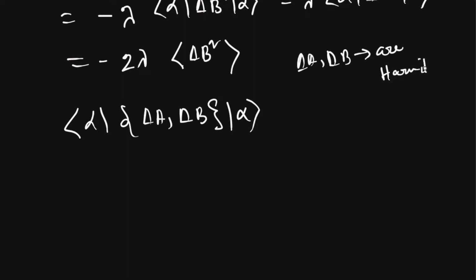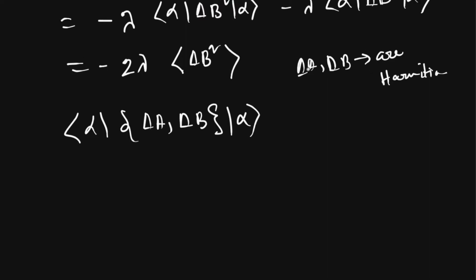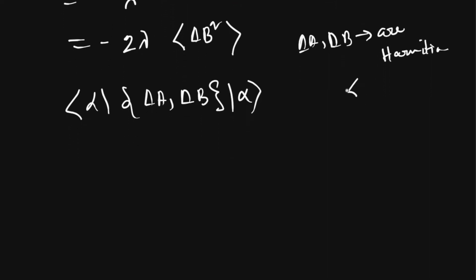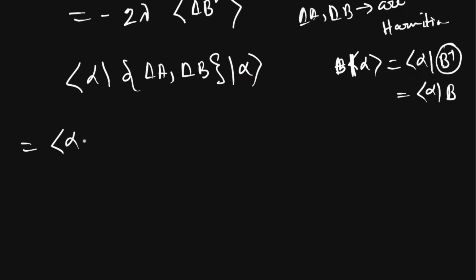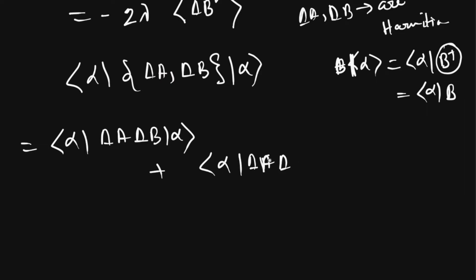We have explicitly assumed that the correspondence of A B alpha is actually the dagger, since this is Hermitian, so that's why we explicitly assume it is equal to B. So now alpha delta A delta B alpha plus alpha delta A delta B delta A alpha.